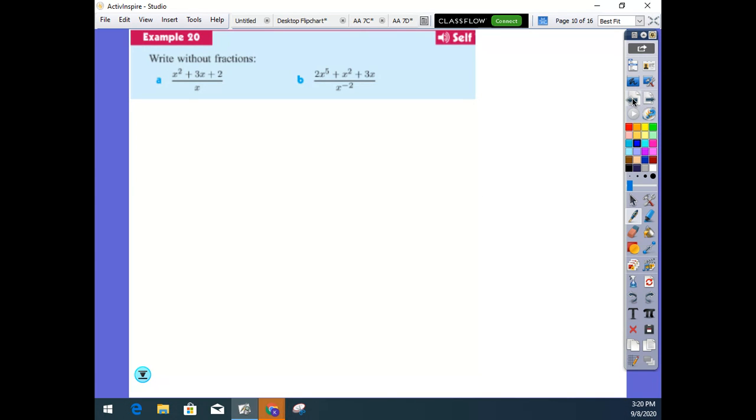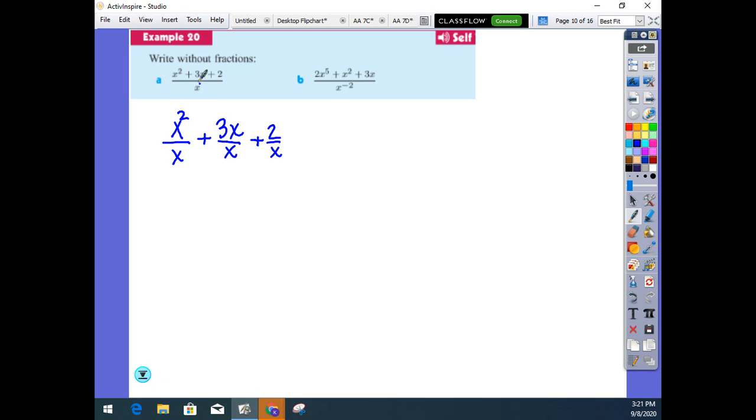Okay, last one. Anytime we're dividing by a single x, the easiest way to do this is to put each base over its own denominator. Each piece in the numerator over its own denominator.